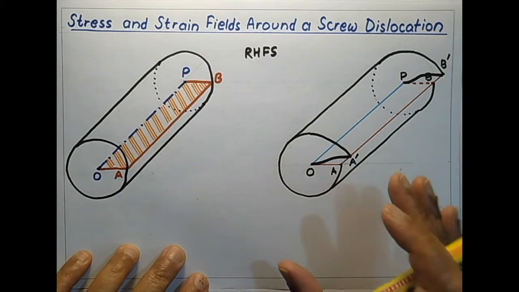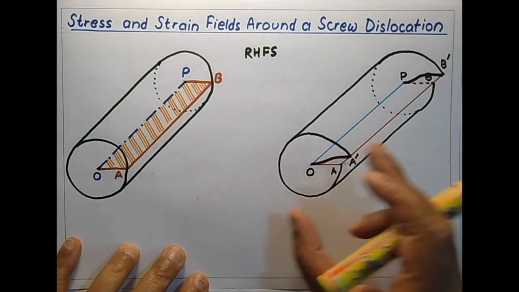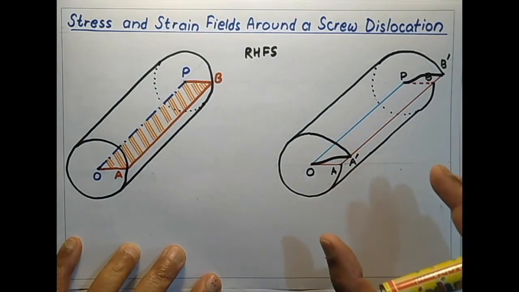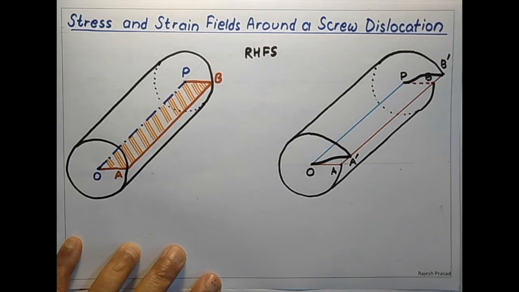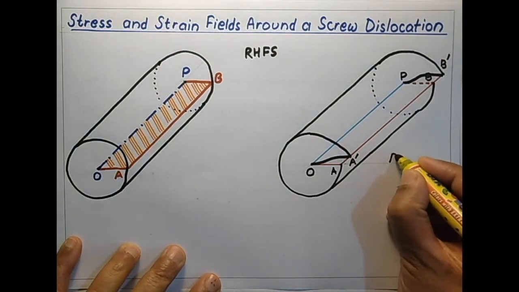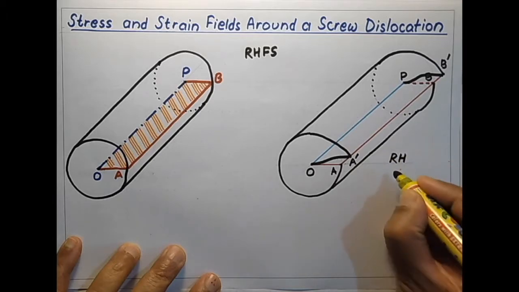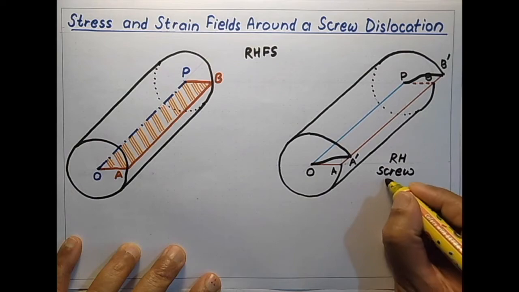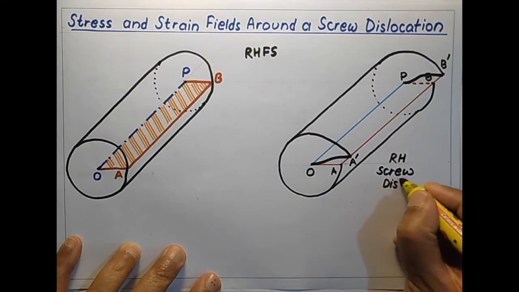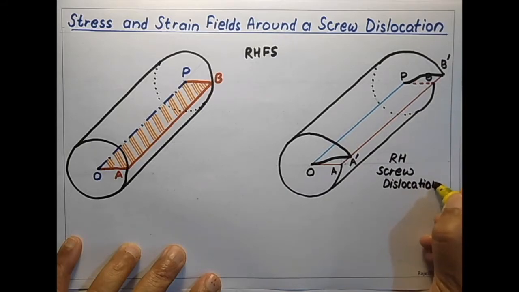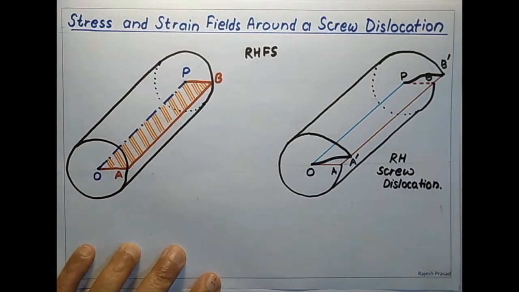But before that, even without making my Burgers circuit or establishing the Burgers vector, you can say that this screw dislocation is a right-handed (RH) screw dislocation. Why is it right-handed?